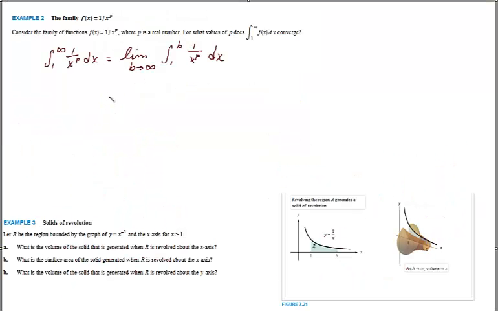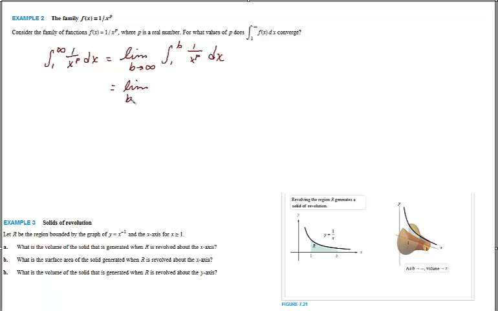Alright, next we're supposed to find the values of p for which this integral converges, so I need to find this integral. I'll just go ahead and do this integral part here because that part's pretty straightforward.